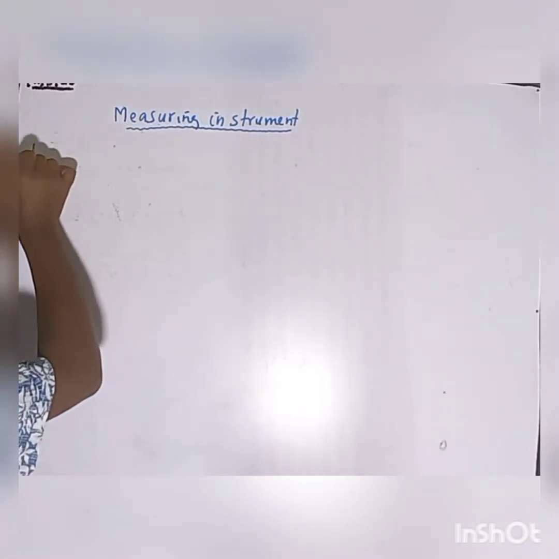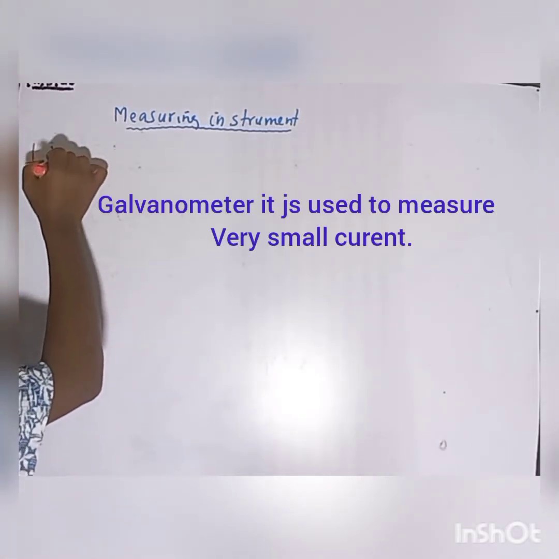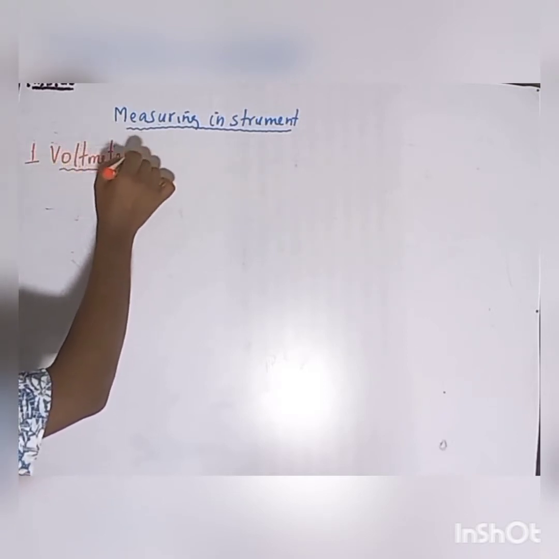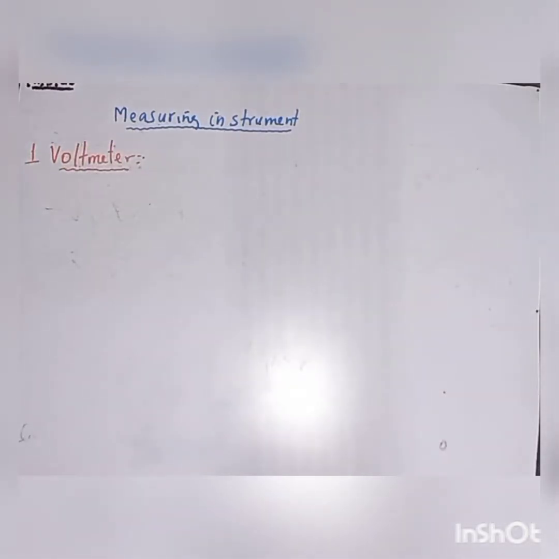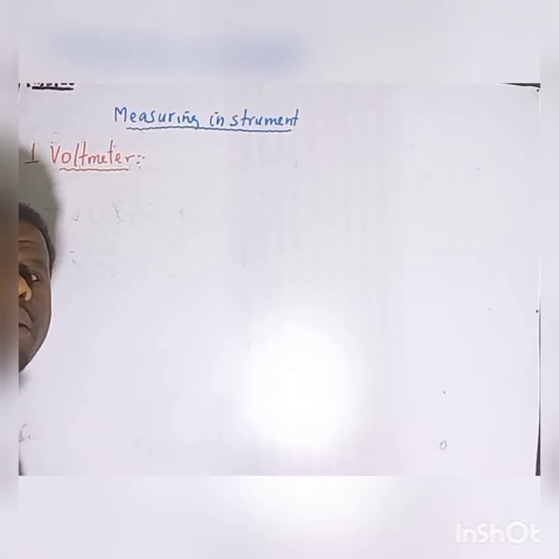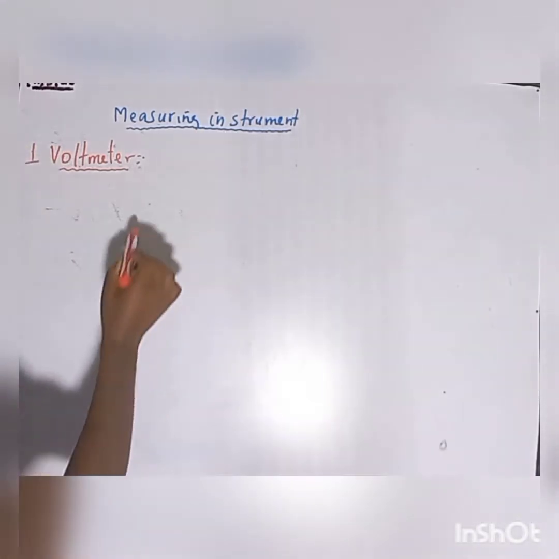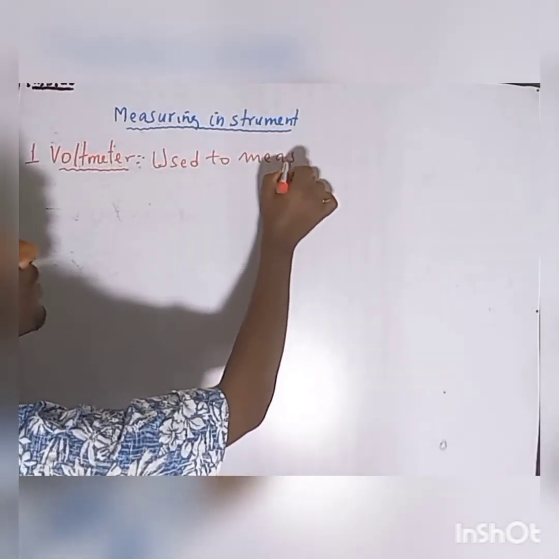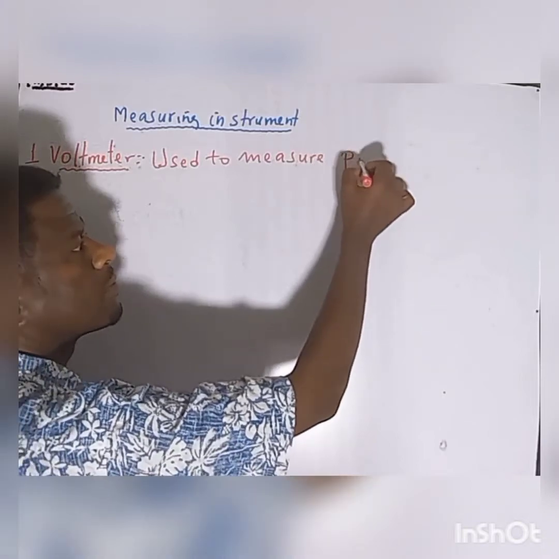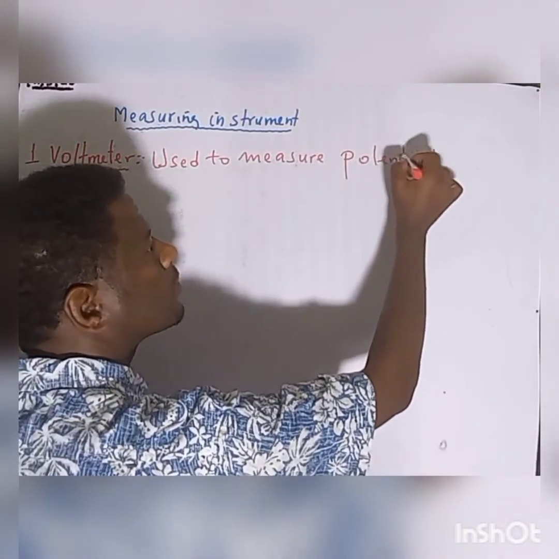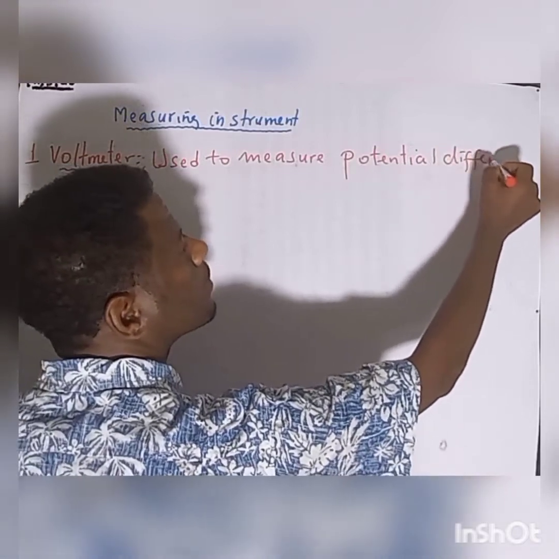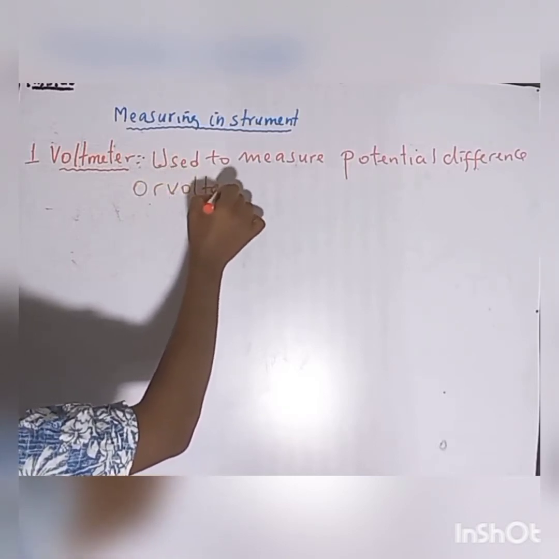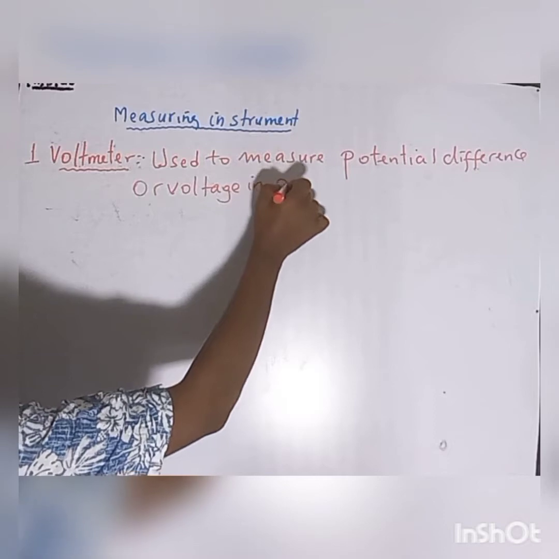The first one, voltmeter. A voltmeter is a device used to measure a potential difference or a voltage in a circuit.